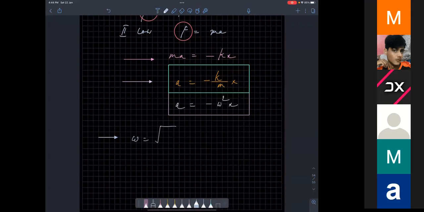Time period is 2 pi by omega, which is equal to 2 pi into root m by k. Clear?